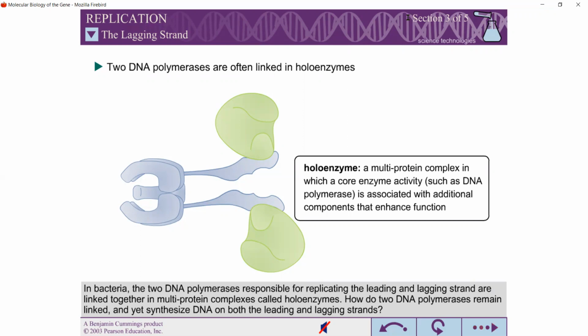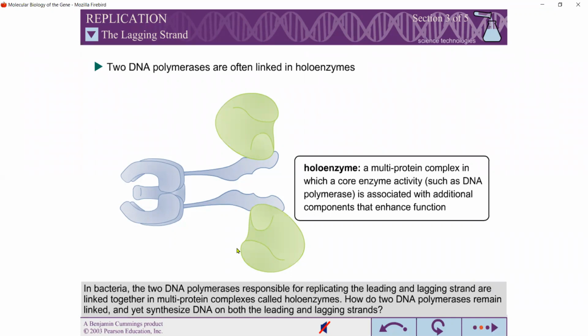The other is being discontinuously synthesized against the direction of the replication fork. And you saw that the orientation of the polymerase enzyme is also different. For one strand, it was facing the replication fork, and for the other strand, it is facing away from the replication fork.